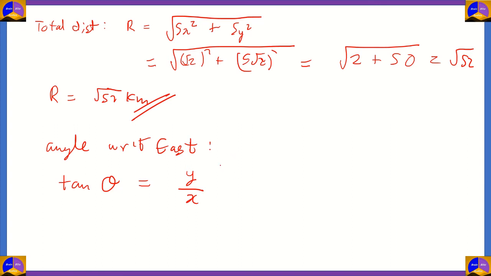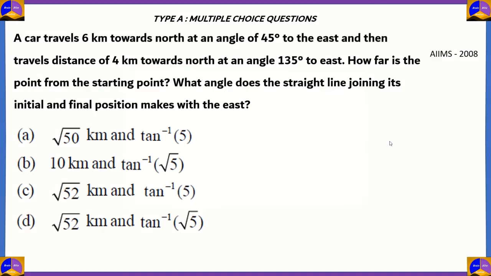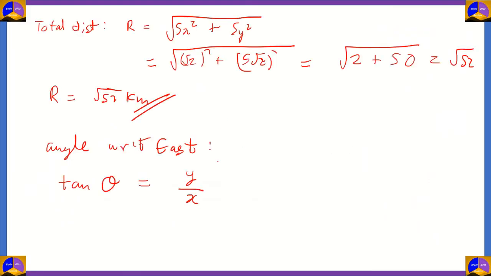That's because if you look at the diagram, you see that the angle it makes here is theta. This will be the opposite face, and this will be the adjacent face. The opposite face is along the y-axis, and the adjacent face is along the x-axis. So therefore, y component by x component gives you tan theta.